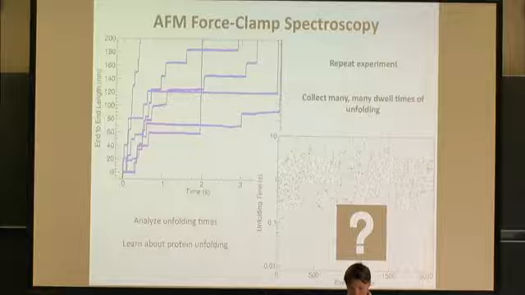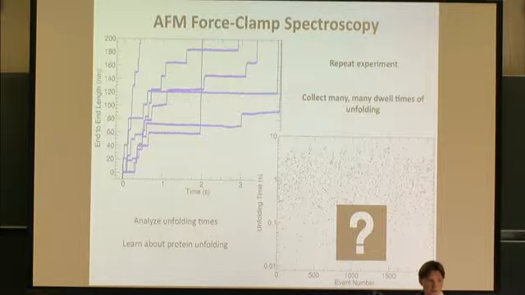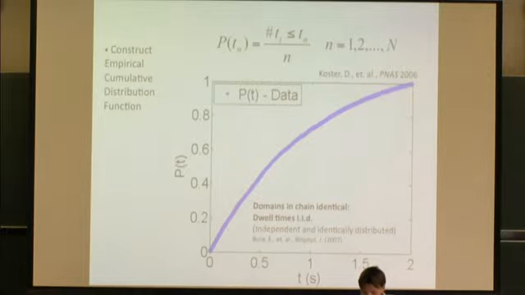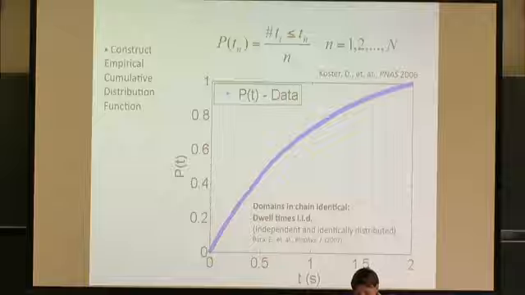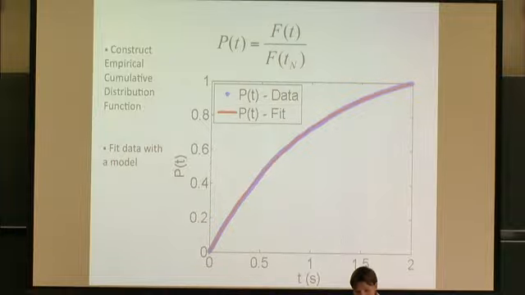So what's going on? The first thing you can do is plot a cumulative distribution of these, normalized according to the time window of your experiments, let's say 2 seconds, and then ask what you can fit this cumulative distribution with. If Kramers' theorem applied, you would fit a single exponential.